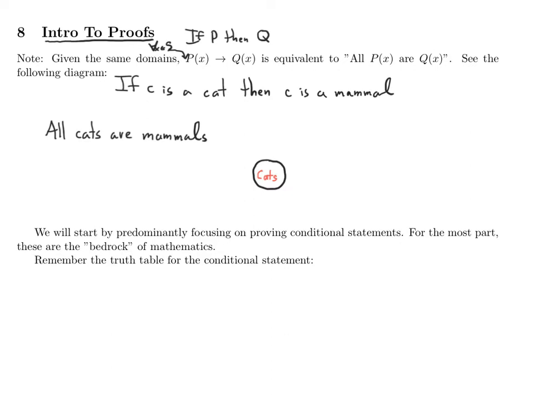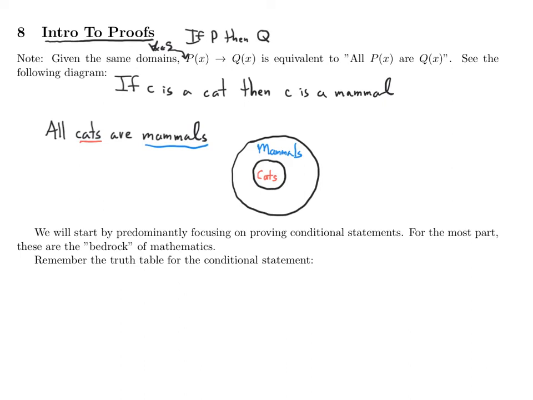Well, now that you're back, if you think about it, all cats are mammals. So if I put all of the mammals in a fence, those cats have to be in the same fence. So the cat's fence is included in the mammal's fence. So here are my mammals, here are my cats. And for a true conditional sentence, this makes sense. If C is a cat, then C is a mammal.